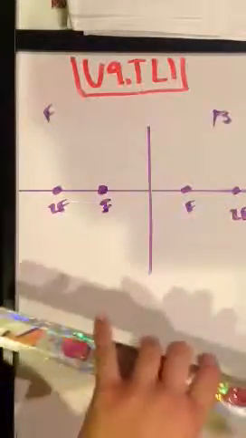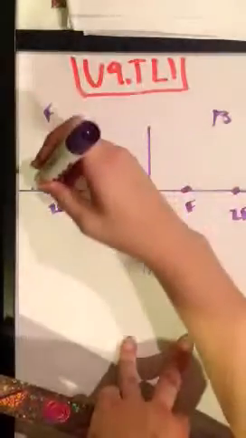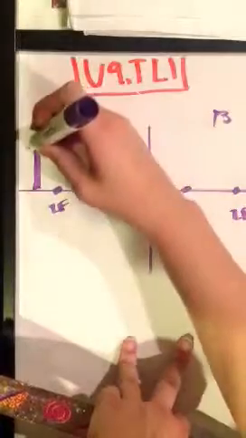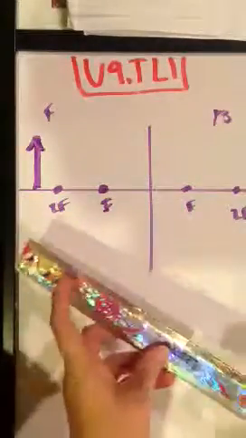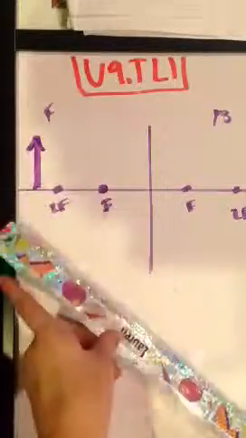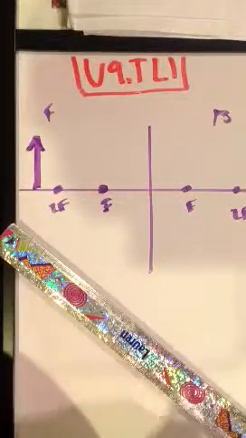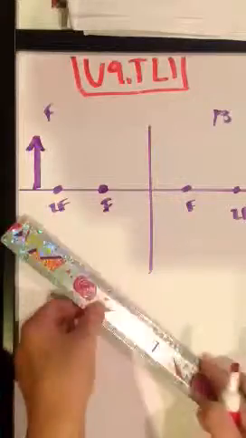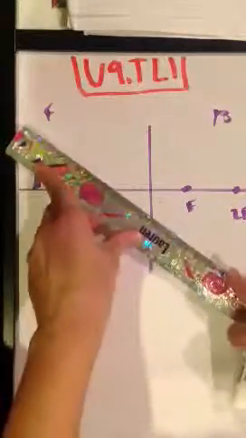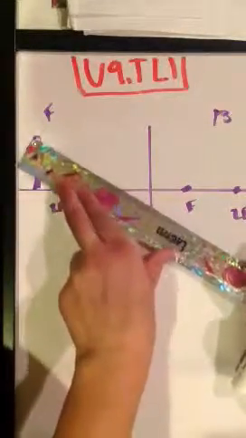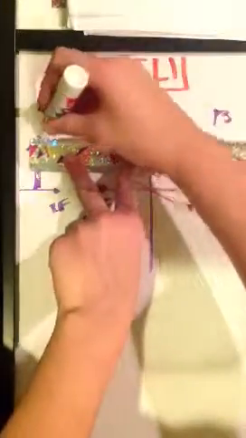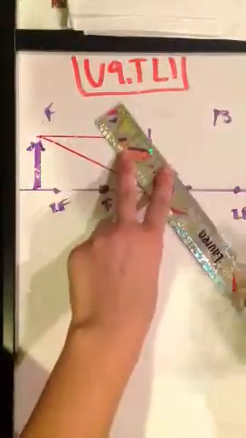Okay, so when the object, we're going to have that guy right here, is past 2F, we have the central ray, which is going to go right through the center. We have a parallel ray, which goes parallel and then through the focal point.